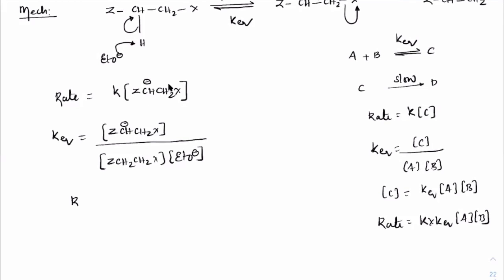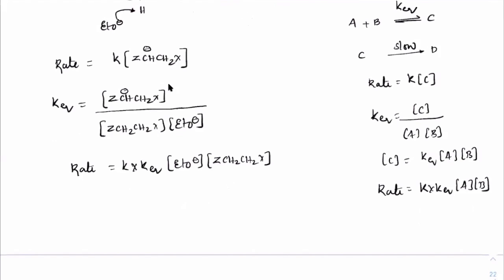Now I can write rate is equal to K into, instead of this, I can substitute K equilibrium into this. So we can write it as K EQ multiplied by EtO minus concentration multiplied by ZCH2X concentration. Got it? Which is equal to some constant K dash into substrate concentration into base concentration.